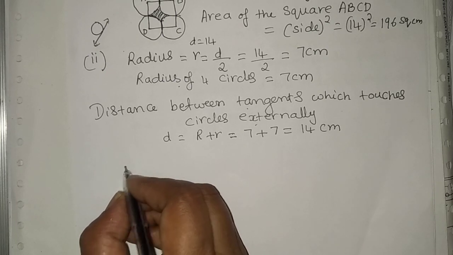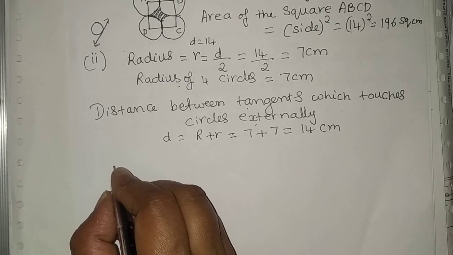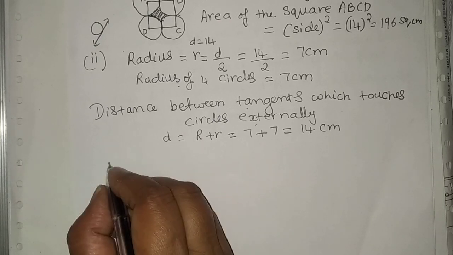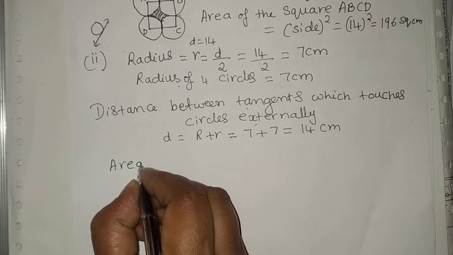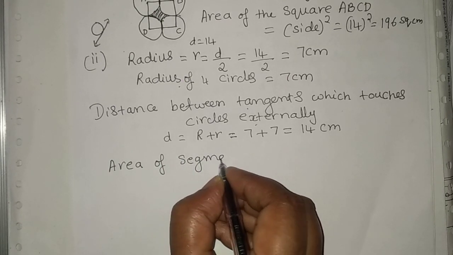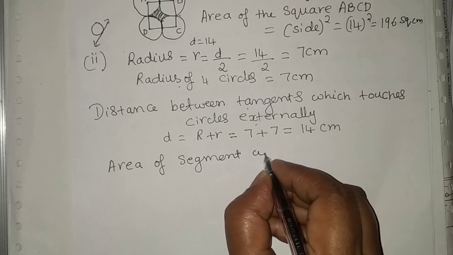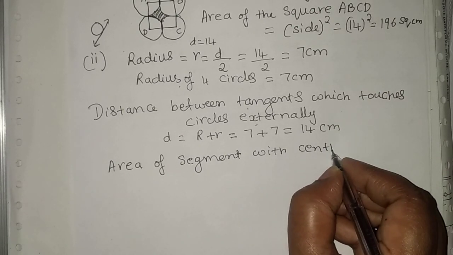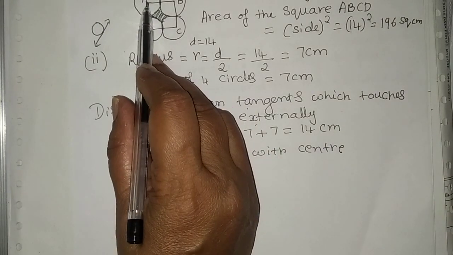So next is the area of the sector with center A. First we have to find the area of the sector, which we studied in the previous class, with center A, here this one.